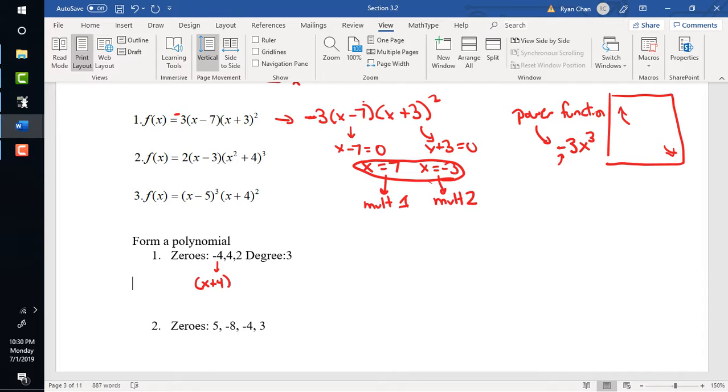Since I have a 0 at 4, it flips to x minus 4. And this 2 flips back to x minus 2. And f of x is equal to this. This is my polynomial. It should be degree 3 because this is a multiplicity of 1, 1, 1, so 1 plus 1 plus 1 is 3.